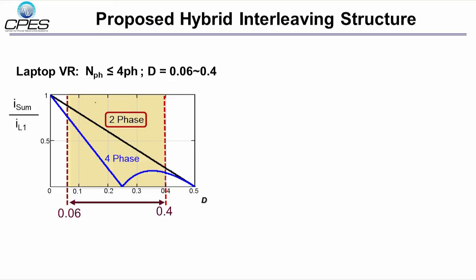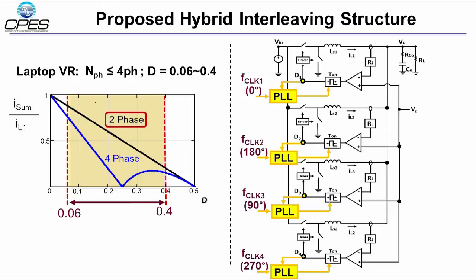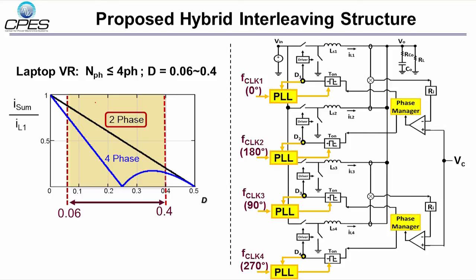Based on this understanding, let's see how we can simplify the PLL loop structure with 4 PLL loops and 4 high-speed comparators. First, the pulse distribution structure is applied to every two phases. Since the modulation is determined by I sum of two-phase current, the jittering due to the ripple cancellation issue is skipped.